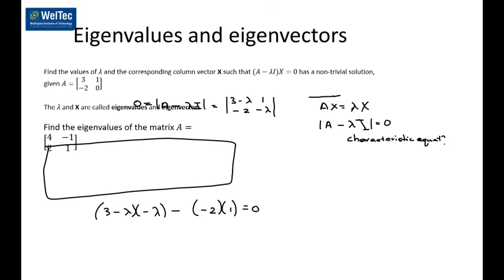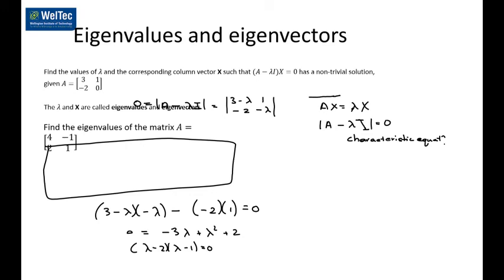So 0 equals negative 3 lambda plus lambda squared plus 2. So we can factorize that and say that (lambda minus 2) times (lambda minus 1) equals 0.